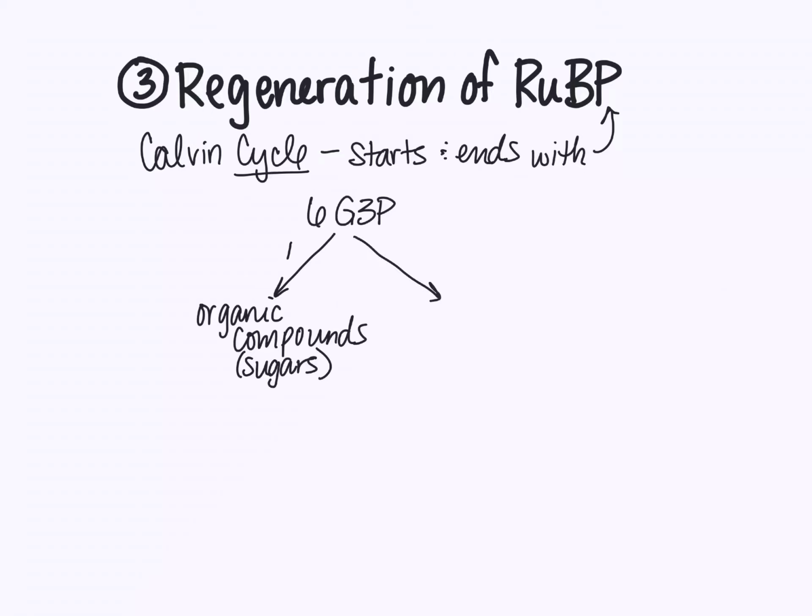The remaining 5 G3P molecules actually go back into creating RuBP. The creation of RuBP requires an input of energy, and that energy once again comes from ATP. And remember that the ATP comes from the light reactions of photosynthesis.